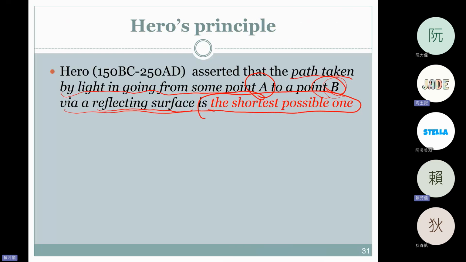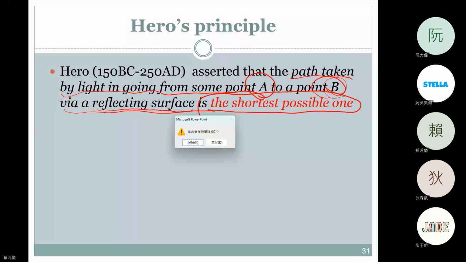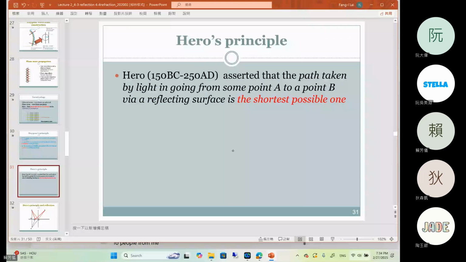Professor, can you repeat the one you just said, because the connection was lost?